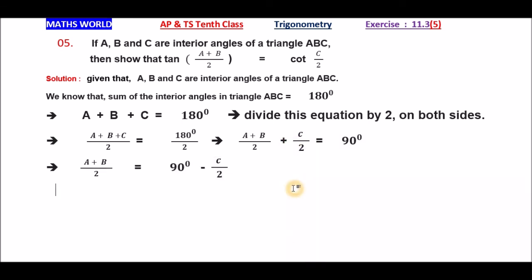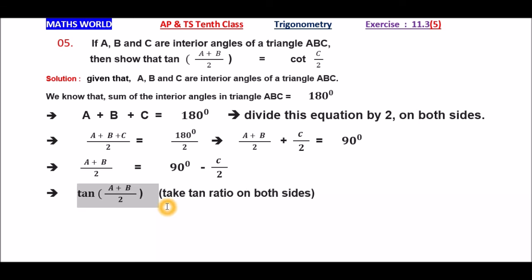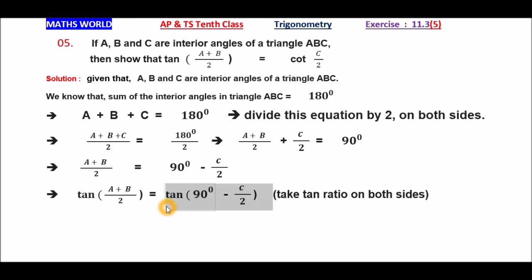Now take tan on both sides. That implies tan (A plus B)/2 is equal to tan (90 degrees minus C/2). Got it? See here, tan (90 minus theta).